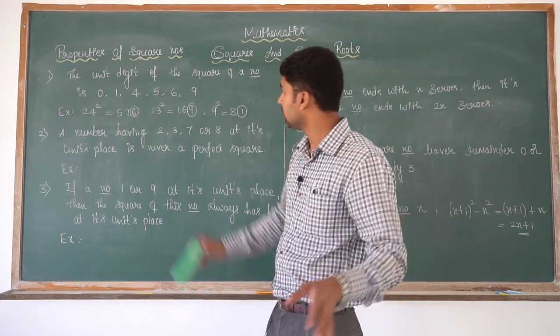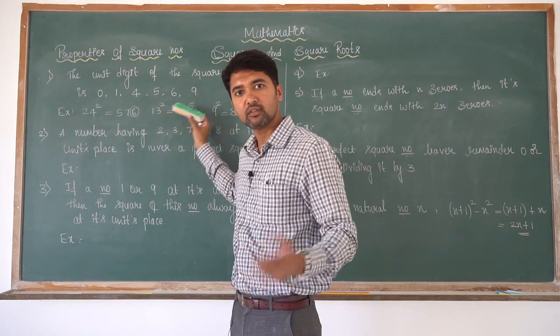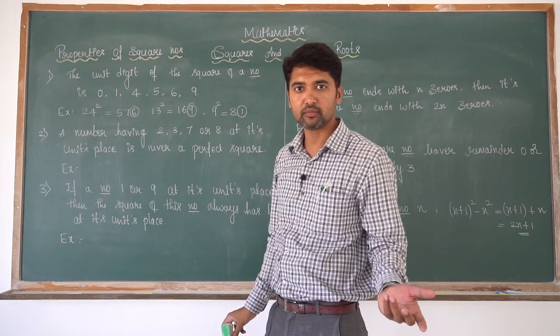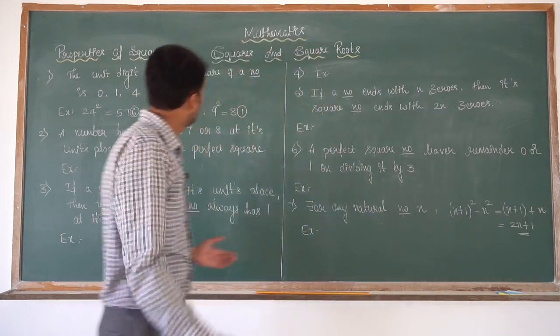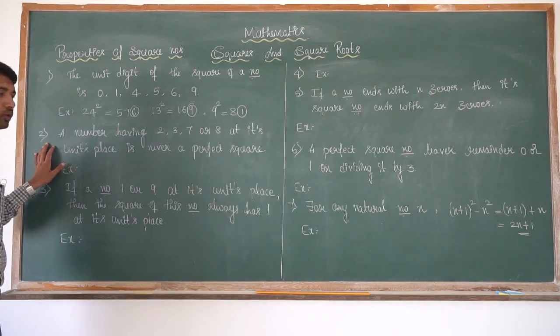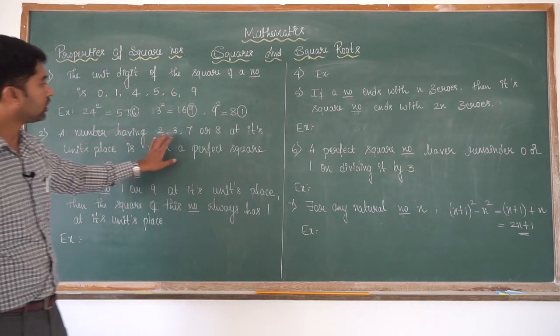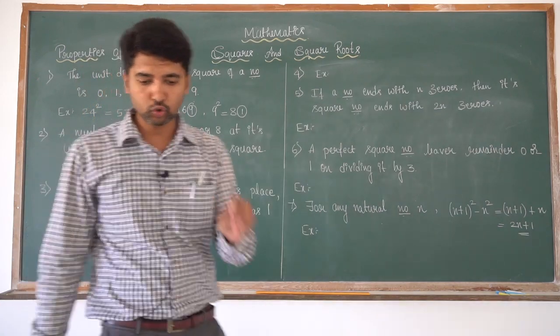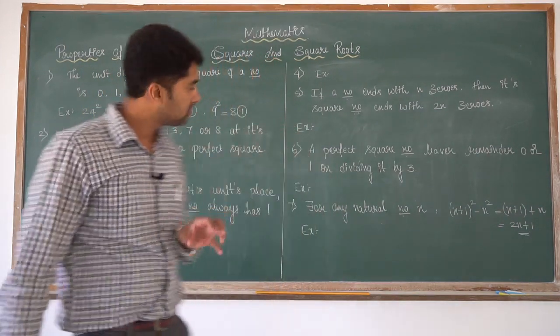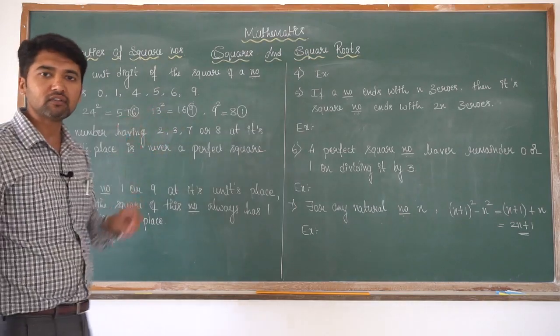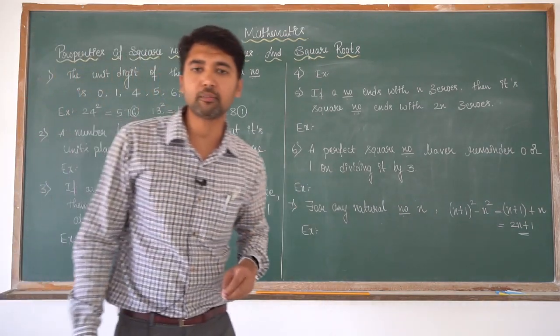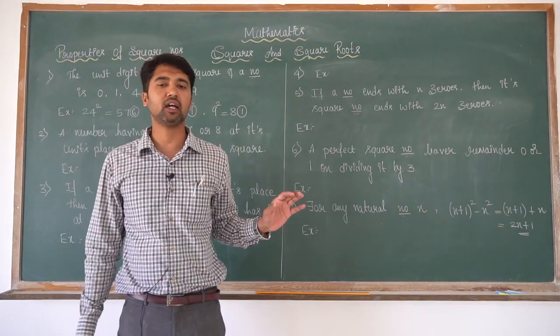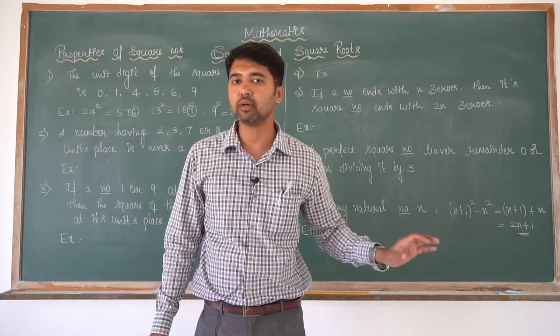8 is not here, so it is not a perfect square number. Understood? Property number 2: a number having 2, 3, 7 or 8 in its units place, clearly we can say that it is not a perfect square number.